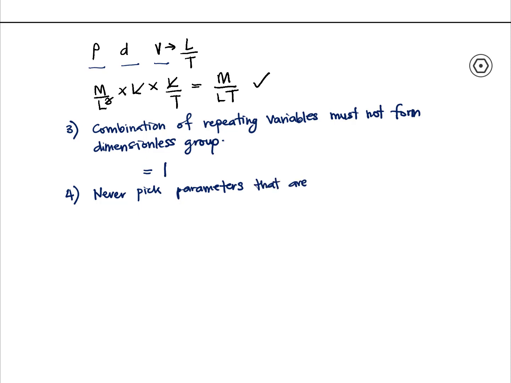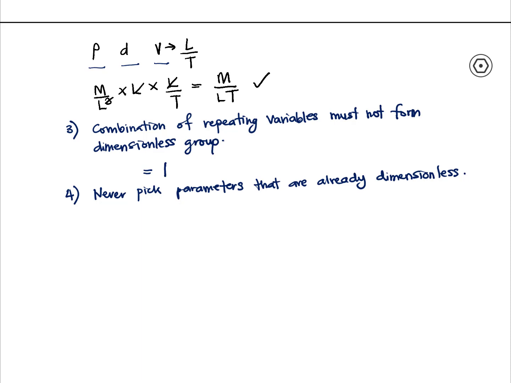The reason why we do the Buckingham Pi Theorem is to create a dimensionless group.